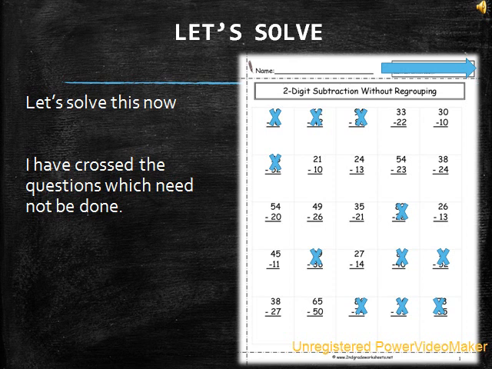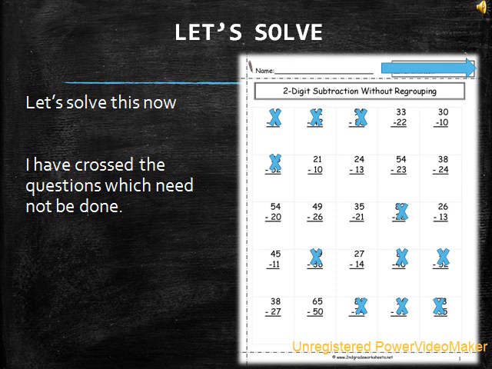As we studied in addition, the place value system of ones and tens, we will begin solving it from ones. So 3 minus 2 equals 1. Again 3 minus 2 equals 1. So the answer comes out to be 11, which is known as the difference.